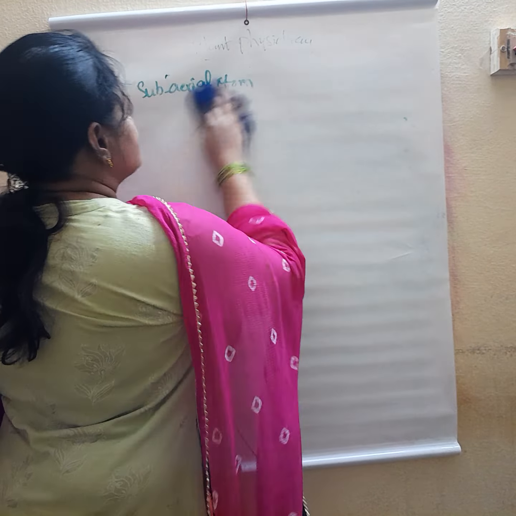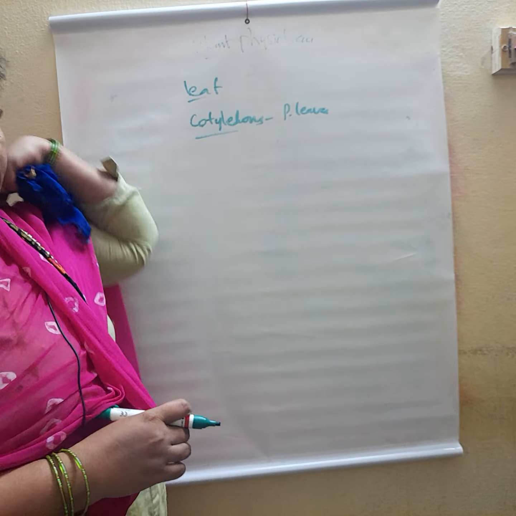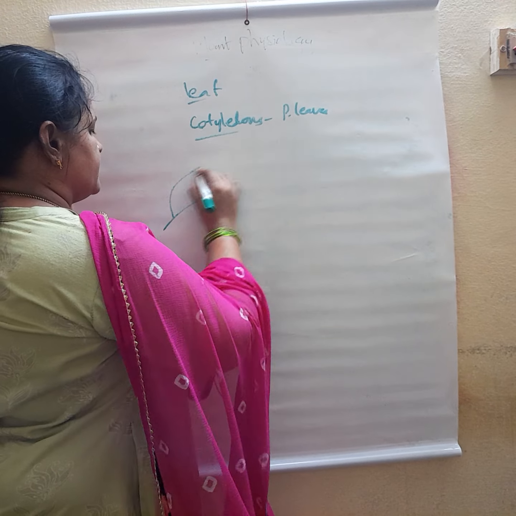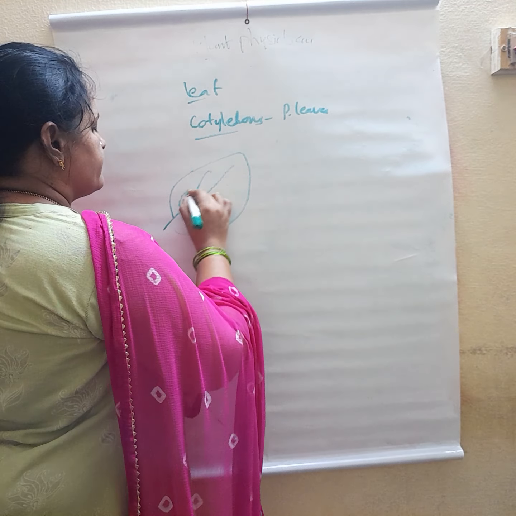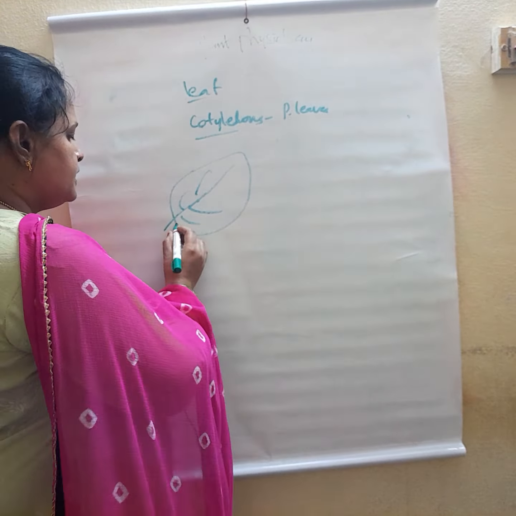If you see a leaf, it is developed from cotyledons. Actually, not exactly. Cotyledons are called primitive leaves. If we see the structure of the leaf, it has a stalk.